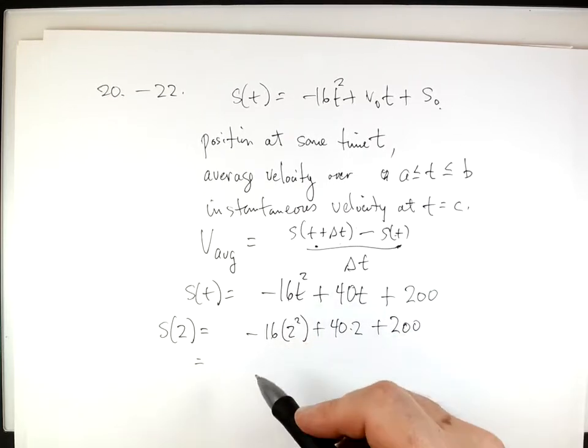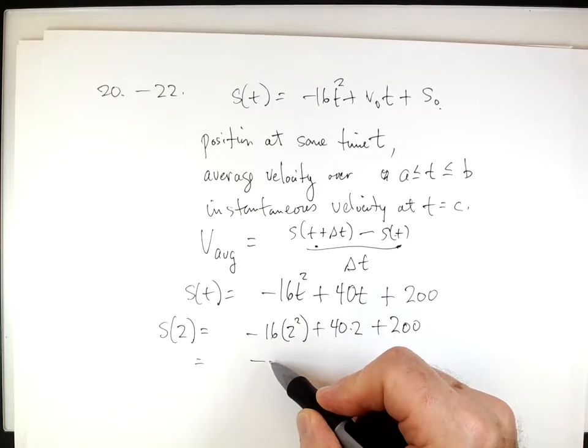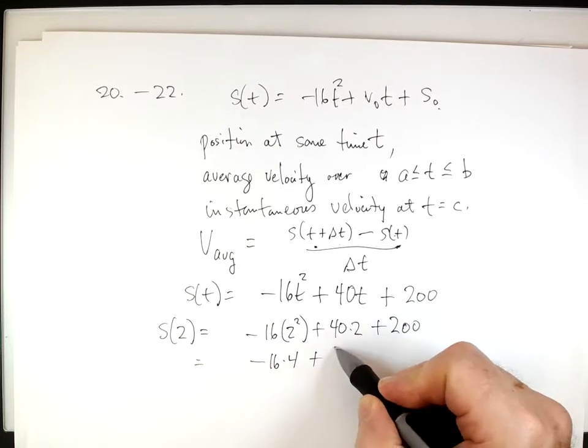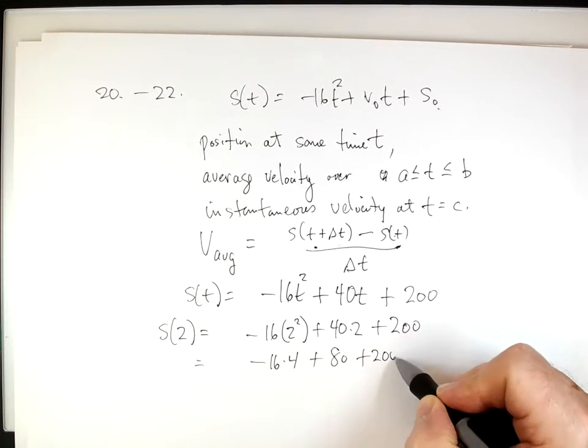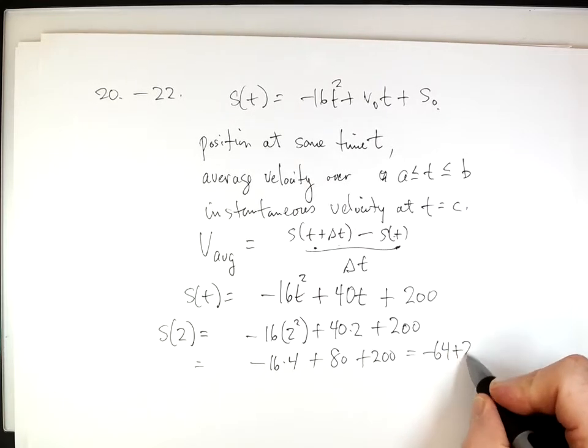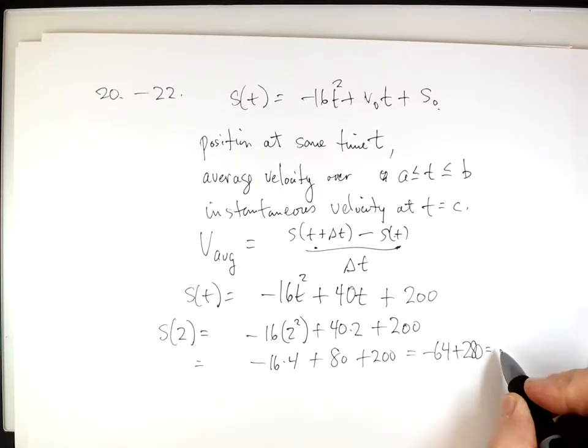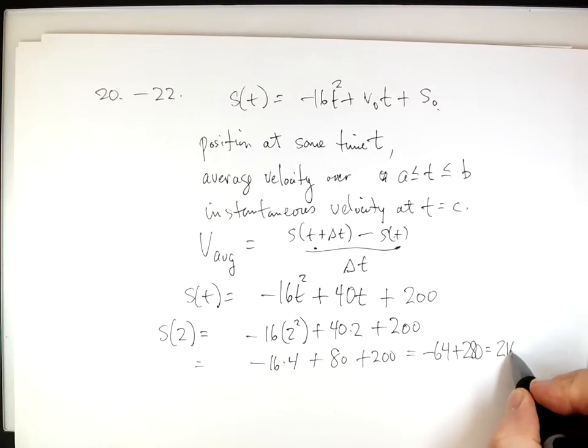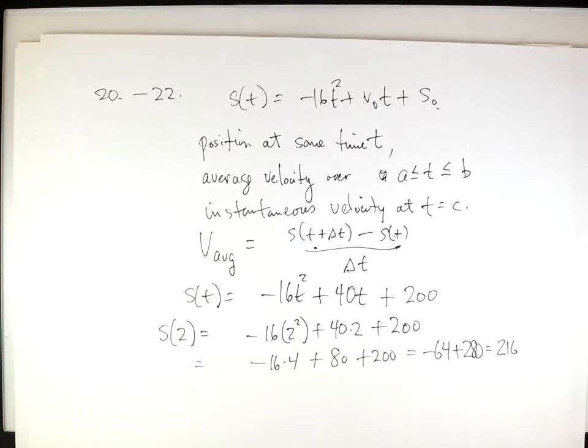What's the position at 2 seconds? It's equal to 216 feet. In other words, it goes up, starts coming down, and it's still above your head. It's 16 feet above where it started.